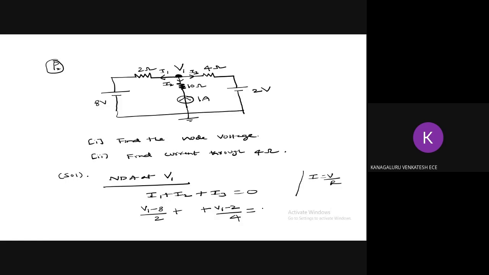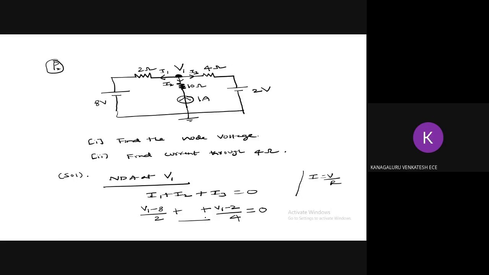That equals 0. Now someone tell me, I want an answer from your side. What is the I2 value? I1 is V1 minus 8 divided by 2. Sir, the 1 ampere is a current source, no, sir?